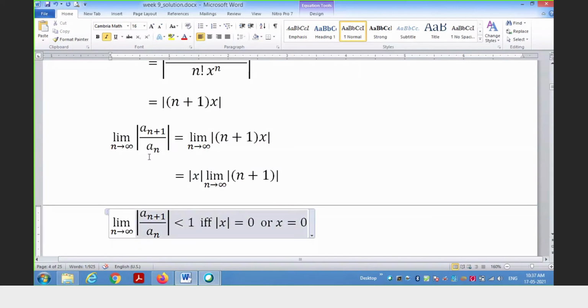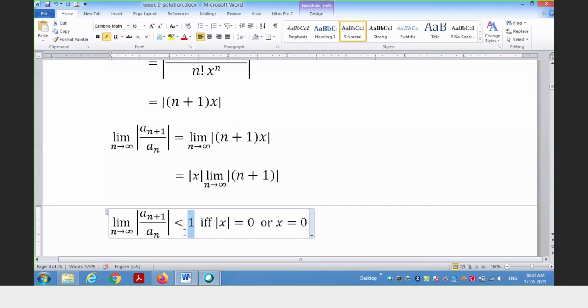If the limit is less than 1, the series converges. If the limit is greater than 1, the series diverges. If the limit equals 1, the test fails. You cannot use the ratio test to determine whether the series converges or diverges, and you have to use other tests, such as the root test and so on.